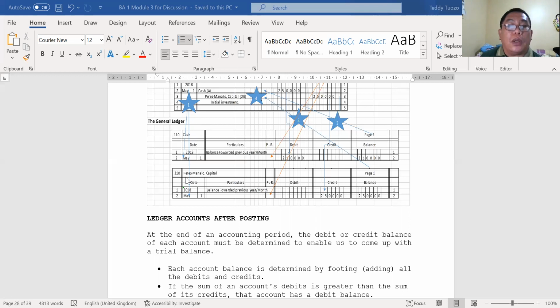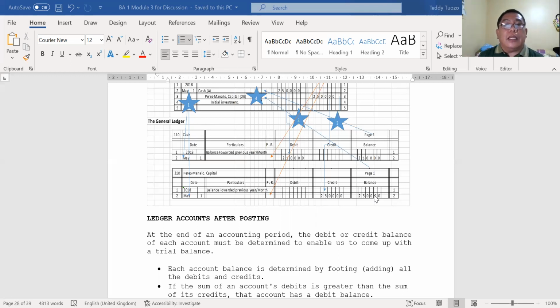And for example, the code of Perez Manalo, Capital is 310, with its own page number in the ledger. That is what the posting reference should be. Since the capital entry on May 1 is a credit, we put the amount in the credit column of the general ledger, and then the balance is also determined.